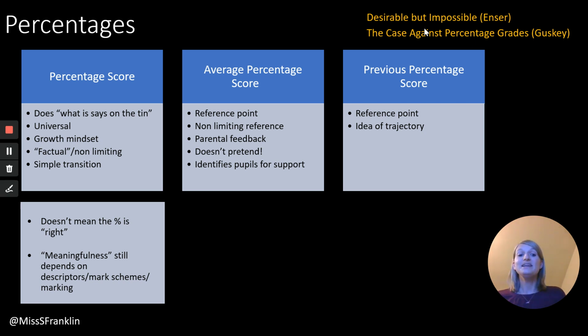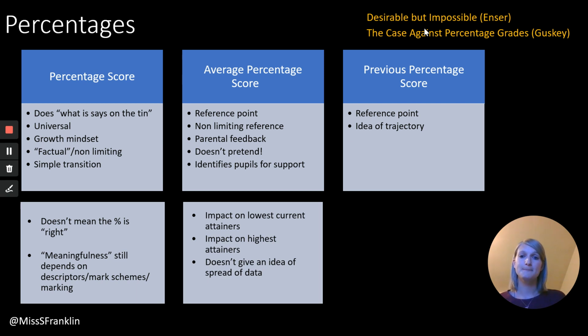However, the meaningfulness, to make a new word, is still very much dependent on other flaws in an assessment system, such as subjective grade descriptions, mark schemes, markers, intra-marker reliability, things like that. So again, we're not saying that this is a perfect system, it's just the representation that we're choosing to use for a number of reasons based on some of the previous slides.